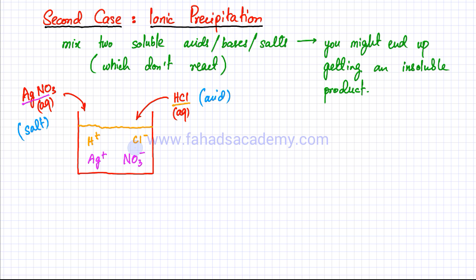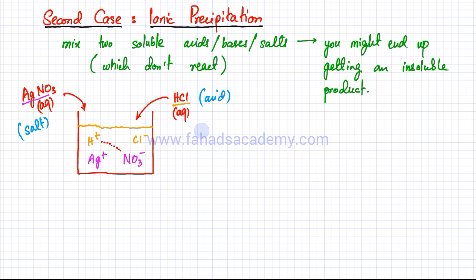They're just roaming around, and they're going to randomly combine with each other. Remember, positive ions are going to attract negative ions. So a positive ion would combine with a negative ion. So what's going to happen is that H+1 might react with NO3-1. They're going to collide, and they can form HNO3.